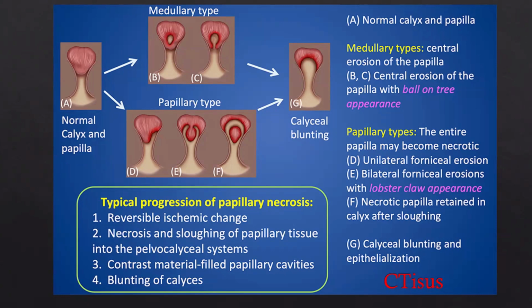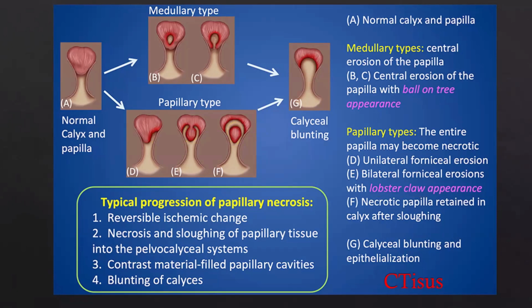But if we have papillary type of papillary necrosis, the fornices here is necrotic. If the fornices is necrotic at both sides, this is called lobster claw appearance. If the necrosis surrounds the whole necrotic papilla, this is the signet ring sign.